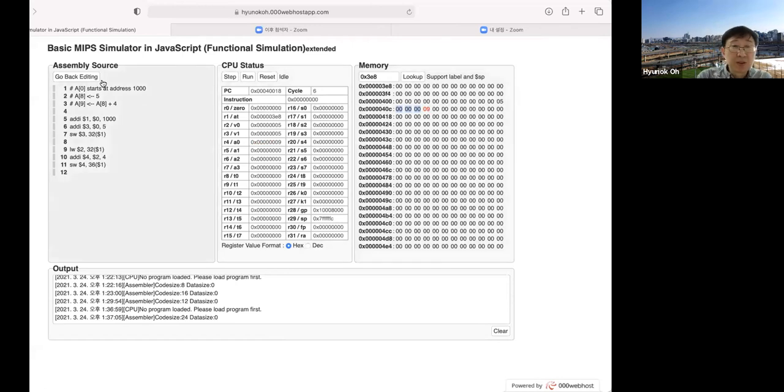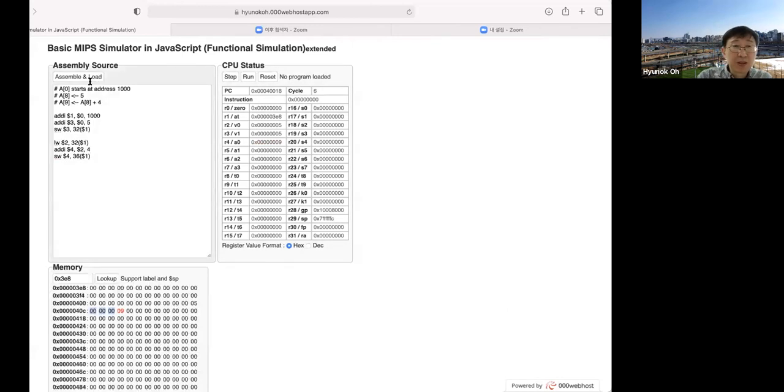Okay, so then let's go back to the code again. Okay, so then can you do it? This is 3, and this is 3, and this is 5, and this is 6. So can you write the code?